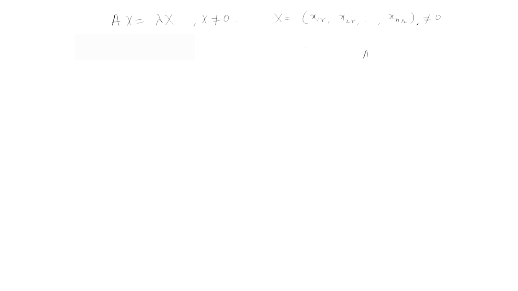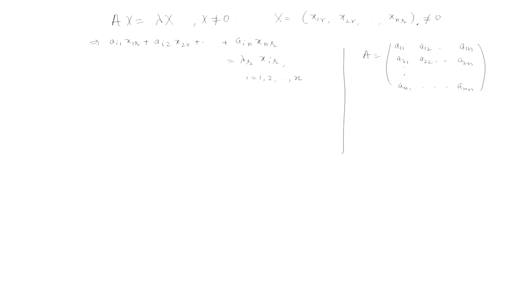A is the matrix A11, A12 and so on up to A1n, A21, A22 up to A2n, and so on up to An1 through Ann. So what will we obtain? You have to multiply each row of A with x. So this implies ai1 x1r plus ai2 x2r and so on up to ain xnr is equal to lambda r xir, where i is from 1 to n.